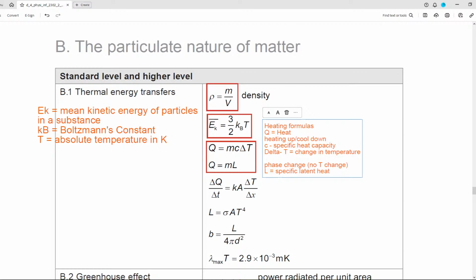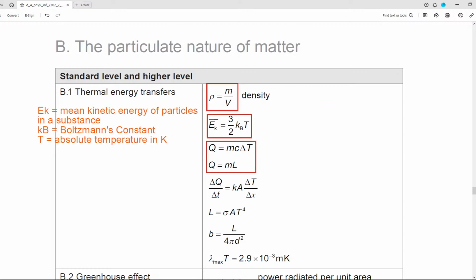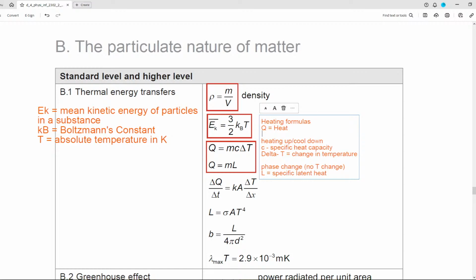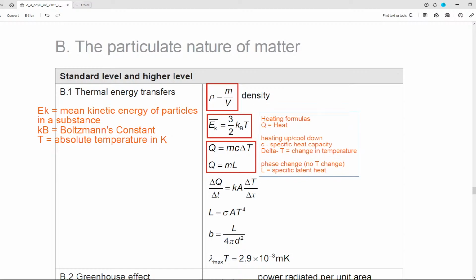But both give you the value for heat absorbed or extracted. That's why I usually present it as delta Q. Once again, delta Q is the amount of heat or thermal energy transferred.